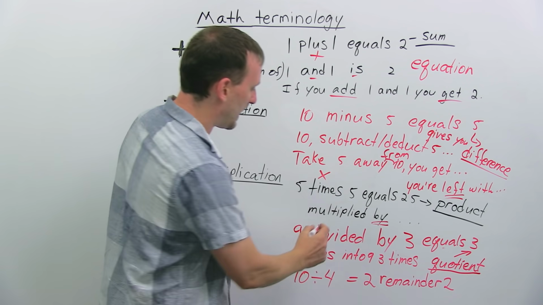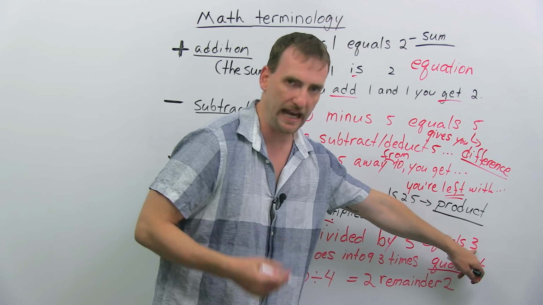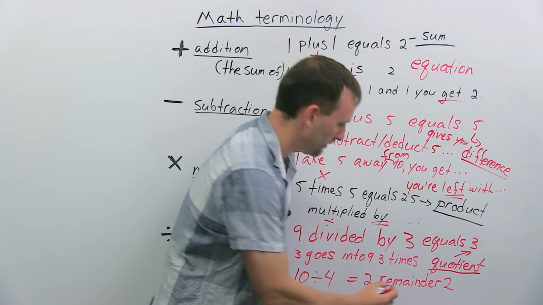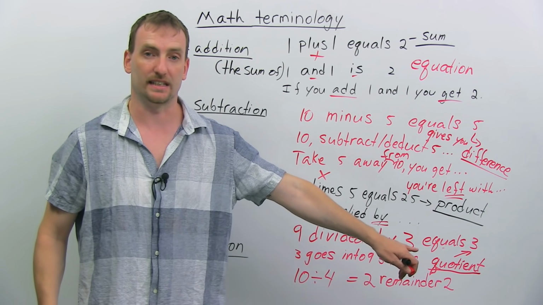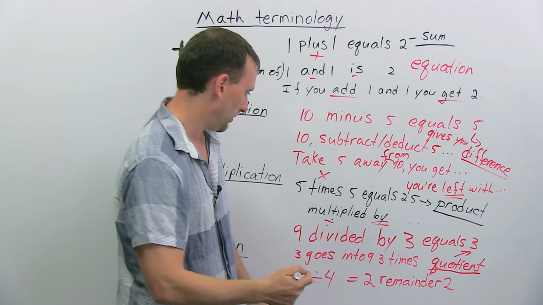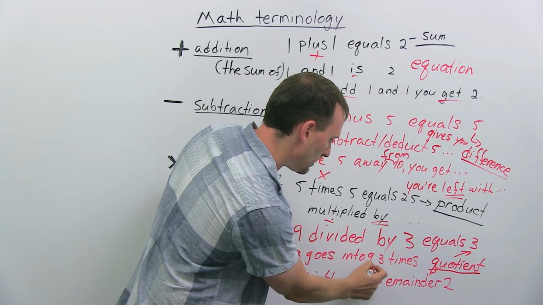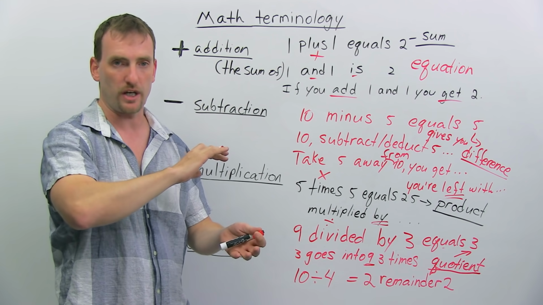9 divided by 3 equals 3. 3, the answer, is called the quotient. This is a Q. I don't have a very pretty Q, but it's a Q. Quotient. Okay? 3 goes into 9 3 times. So you can reverse the order of the equation.